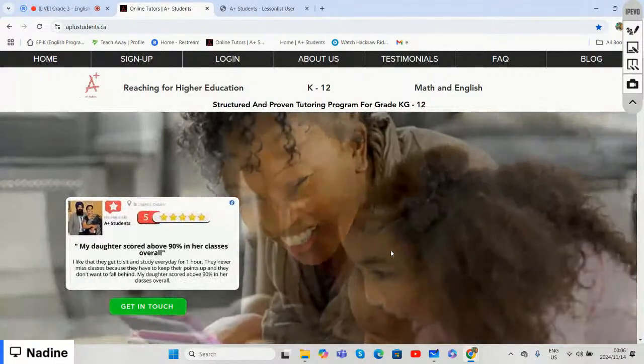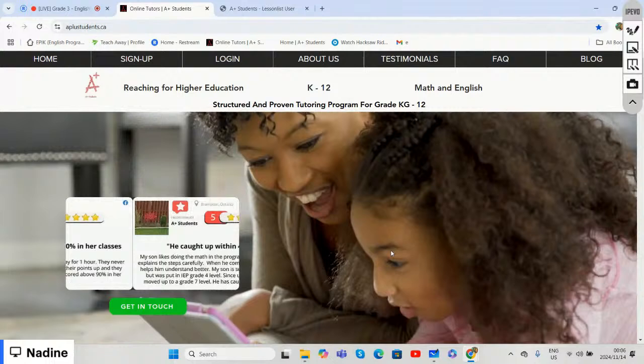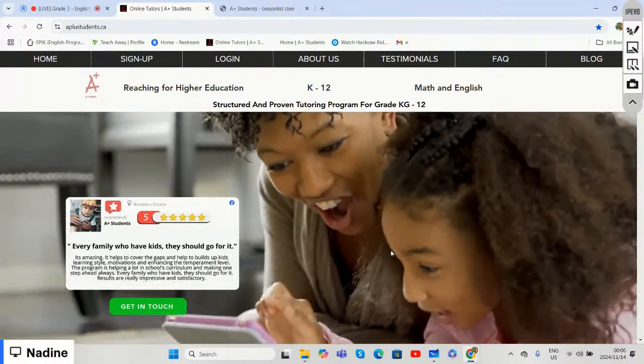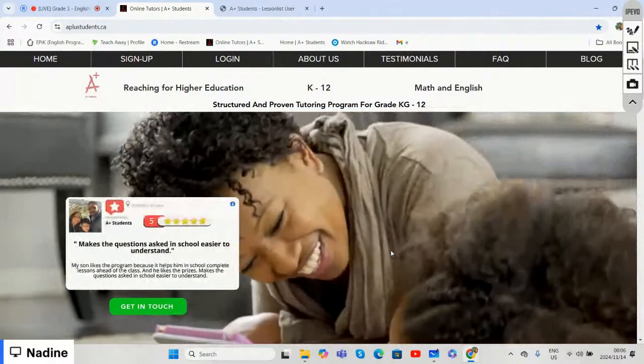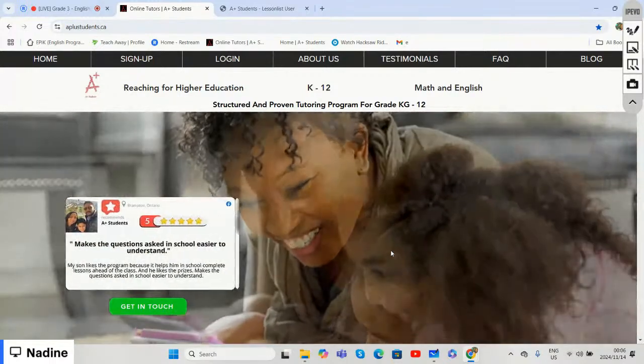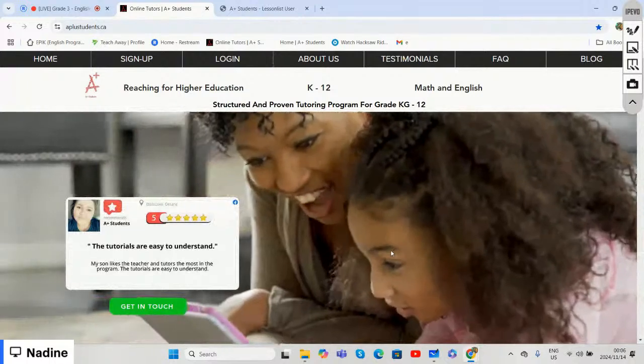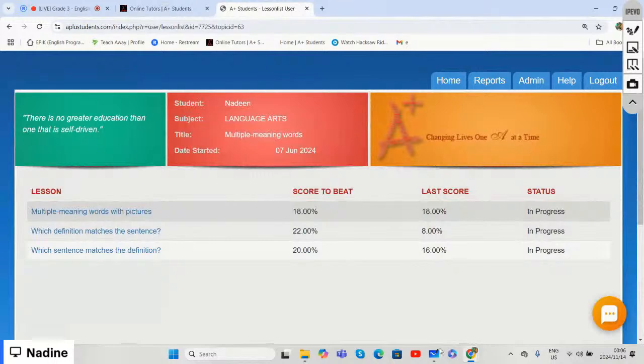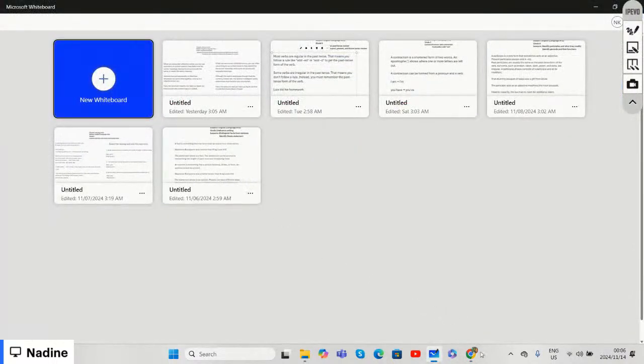We're doing grade 3, and then we're going to scroll down until we get to our chapter of multiple meaning words.